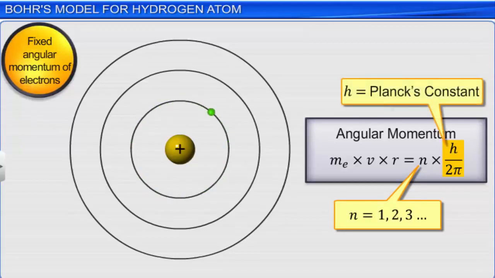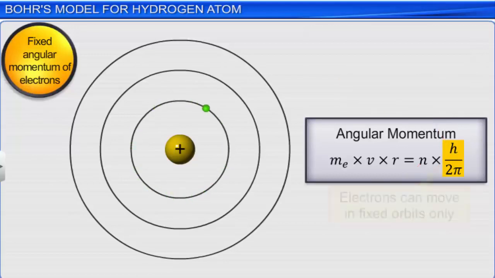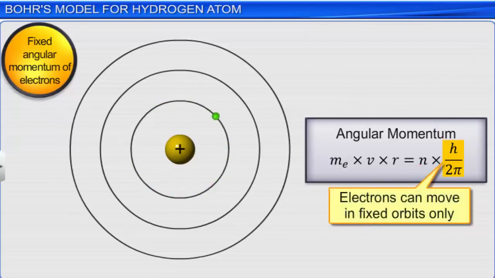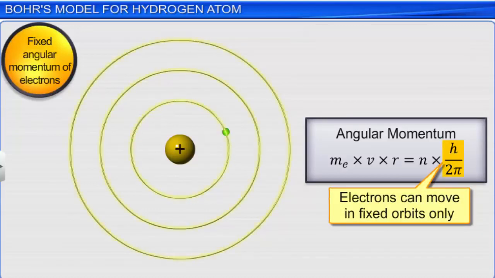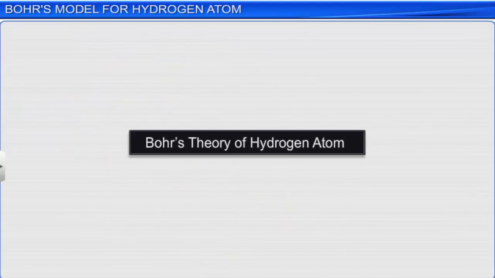Since angular momentum can only be an integral multiple of h divided by 2 pi, only certain fixed orbits or stationary states are allowed for electrons to move around the nucleus. Let us now get into more details of Bohr's theory of hydrogen atom.